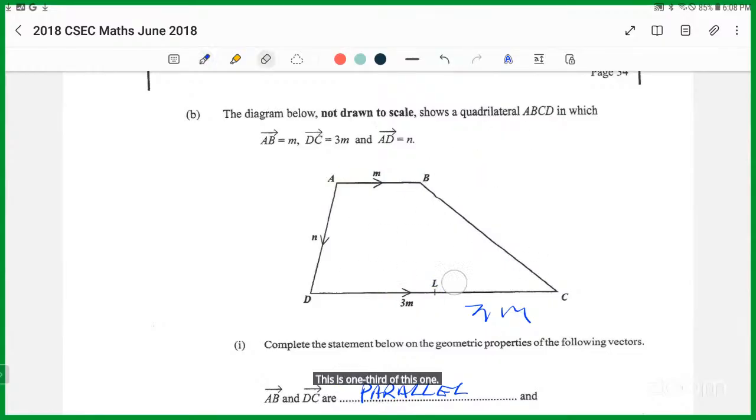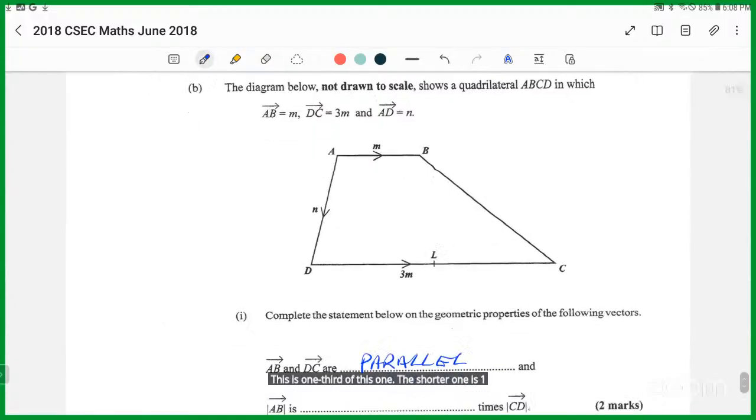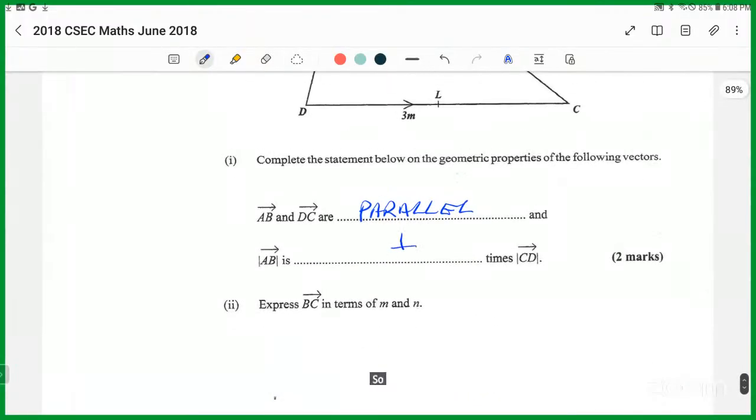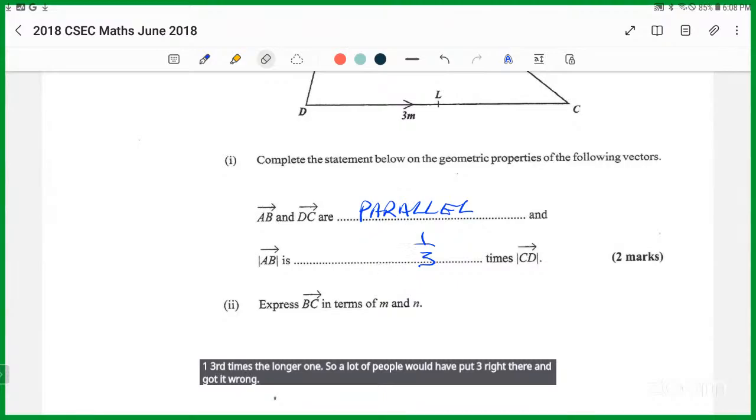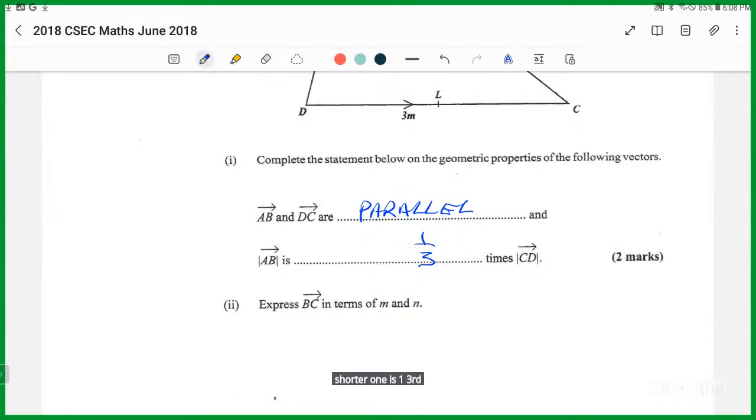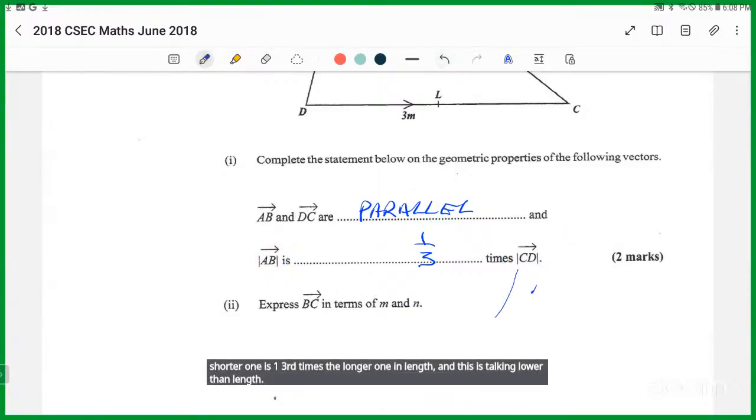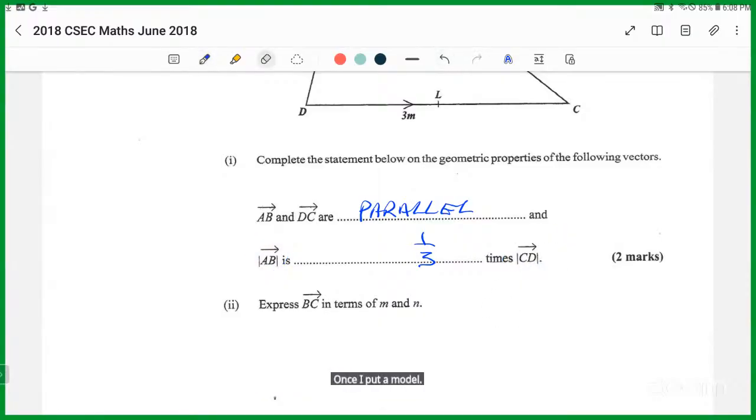The shorter one is 1/3 of the longer one. So a lot of people would have put 3 and got it wrong. The shorter one is 1/3 times the longer one in length. Once I put the modulus around the vector like that, they're talking about the length now.